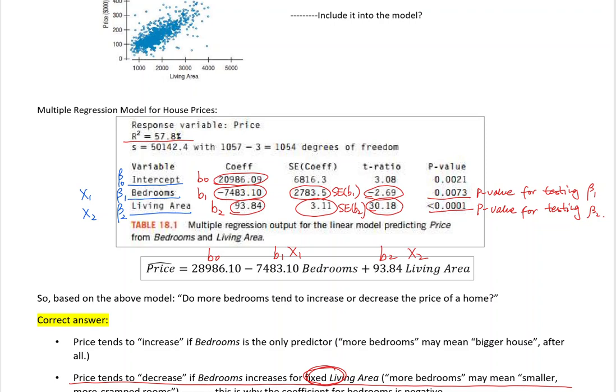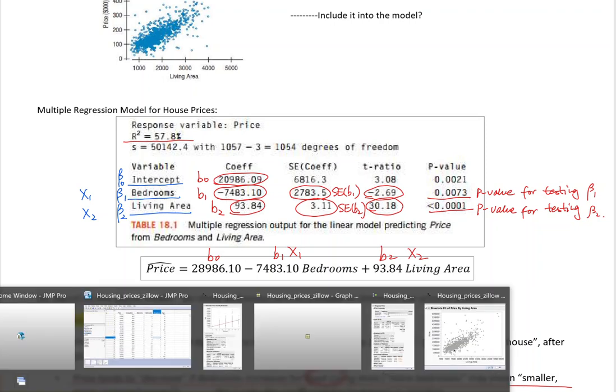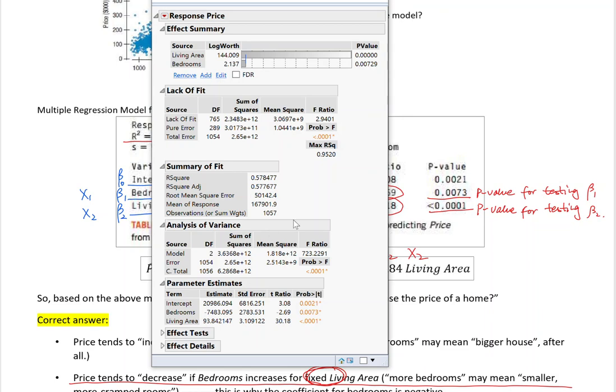Alright, so now let's look at our output, right? So we'll have the intercept is about beta 0, the bedrooms is about beta 1, and then beta 2. And then we'll have their estimates. So this value, 20,986.094.